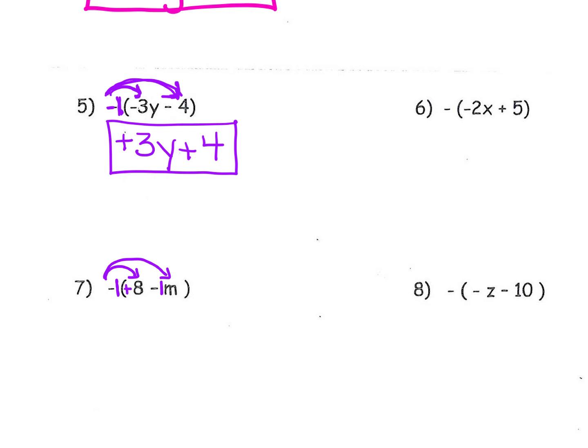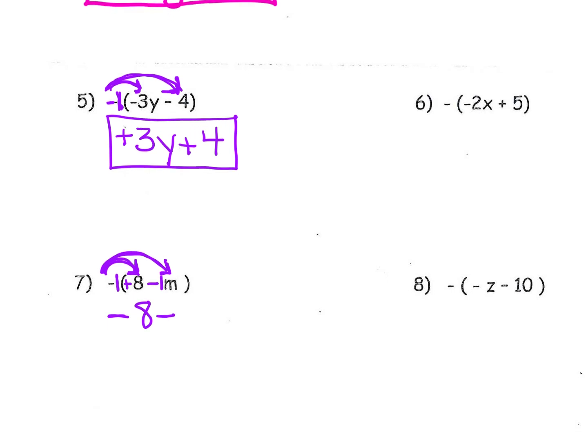That +8 becomes -8. -1 times +8 gives us -8. And -1 times -1m flips that to its opposite, and it becomes positive 1m or plus 1m.